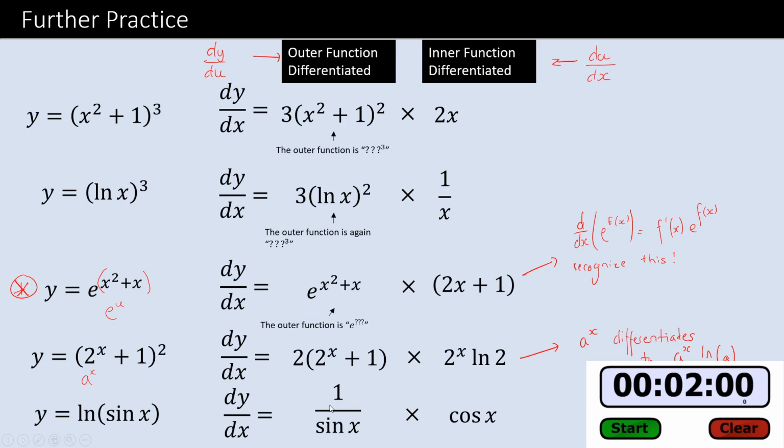This is the kind of scenario, possibly, where if someone was not sure how to differentiate it, I'd say go back to your first steps that we made with the chain rule. Let u equal sine x. So du by dx is cos x.